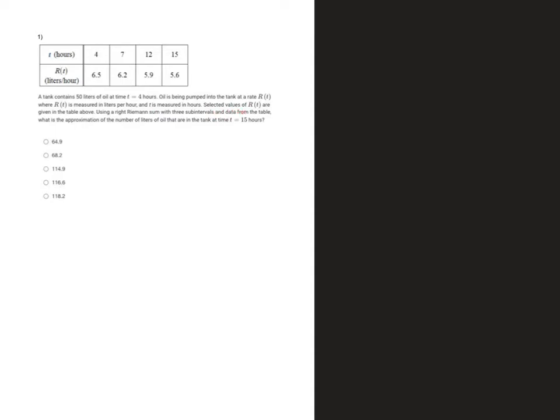So anytime I'm asked to do a Riemann sum based on a table, I always like to draw a picture. So I'm going to go ahead and draw myself a little picture here. It doesn't have to be accurate in any way, it's just to give me something to talk about, something to help my brain see what's going on here.